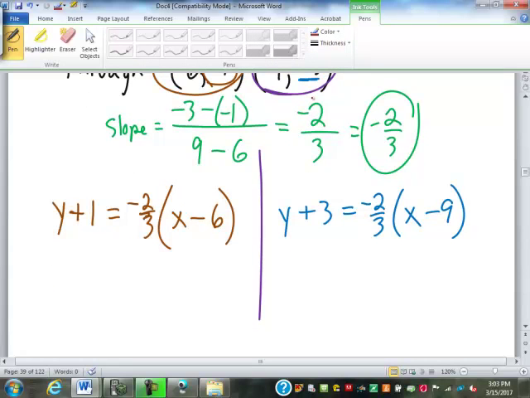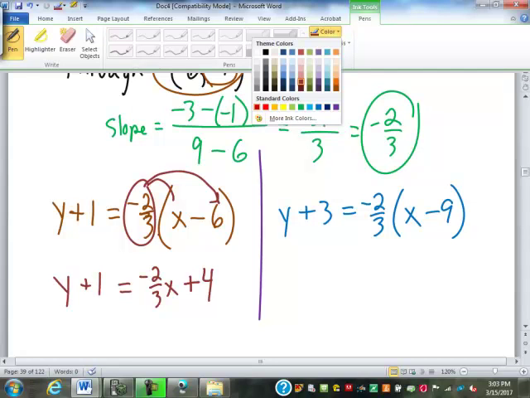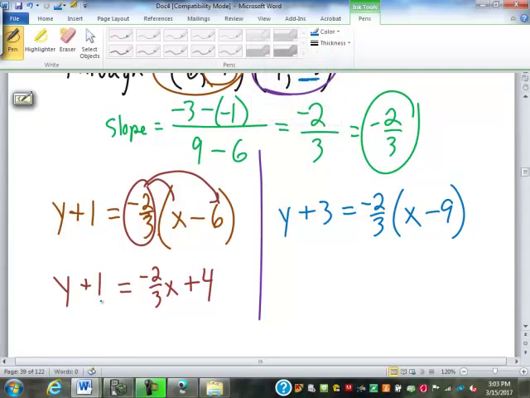Let's show that here quick. So on this one, I'm going to multiply by the negative 2/3. So negative 2/3 times x is negative 2/3 x, negative 2/3 times negative 6 is a positive 4. So to make this into y-intercept form, all I have to do is subtract the 1. So y equals negative 2/3 x plus 3.